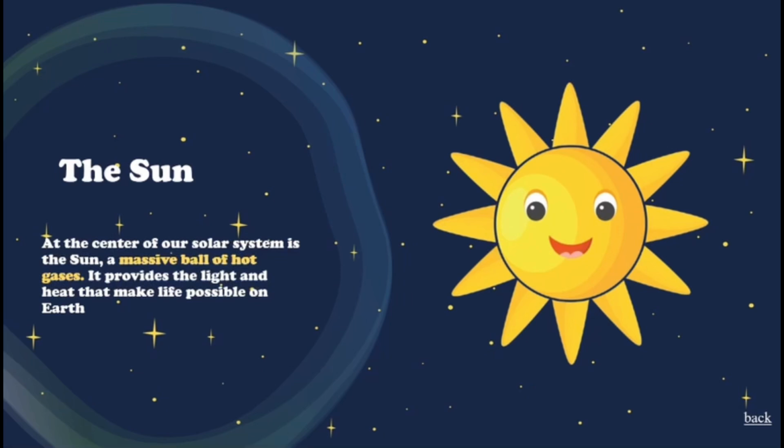And I also applied the signaling principle, which I highlight the key information here, the words massive ball of hot gases, because this is the key information for the sun.